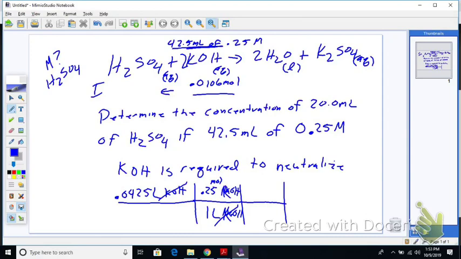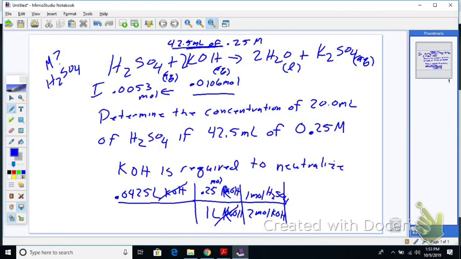We'd have to have half as much of H2SO4, right? So that is 0.0053. Does that make sense? Okay. So that step is right here. If you show the longhand version, you say for every 2 moles of KOH, I have 1 mole of H2SO4.